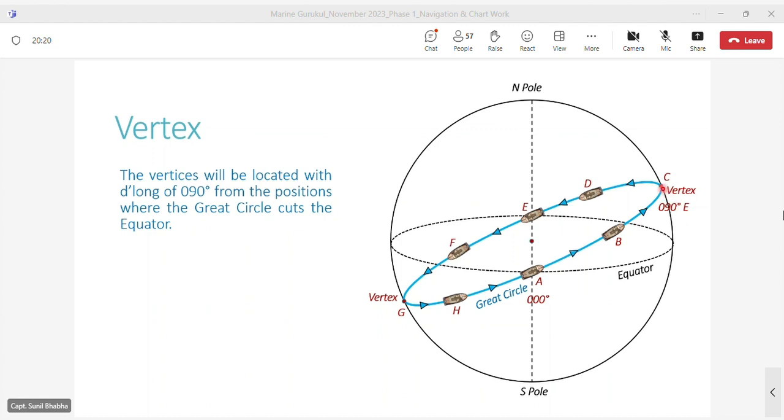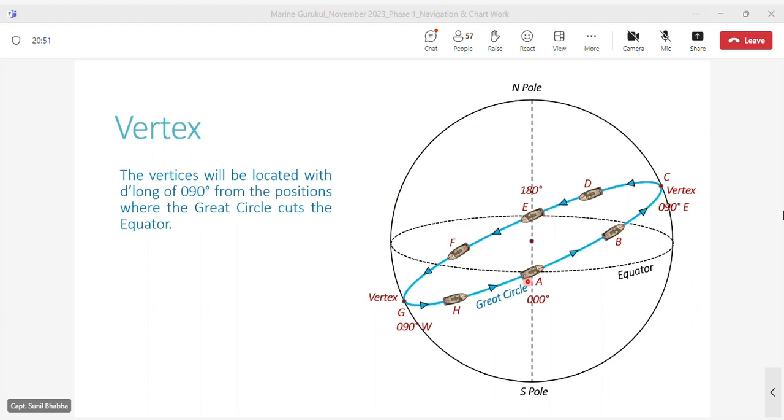As the vessel moves further and goes on the far side, it again crosses the equator at point Echo. The meridian of this particular point Echo will be 180 degrees. And as it travels further and reaches point Golf, that is the vertex in the southern hemisphere, the meridian of point Golf will be 090 degrees west.